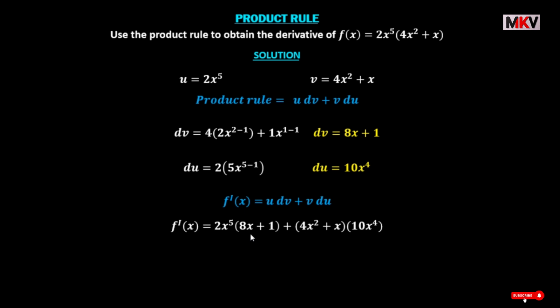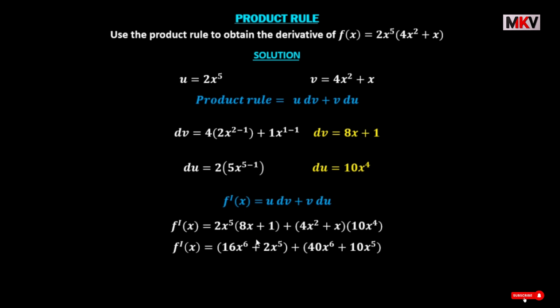Now the next thing we will do is simplification. We have to simplify the expression to get its simple form. So multiply 2x to the power 5 by this bracket, then multiply these two to get its simplest form. 2 times 8 is 16. Then x to the power 5 times x.